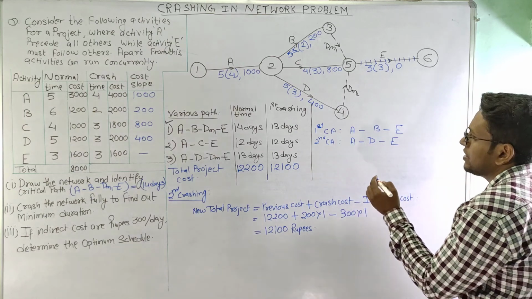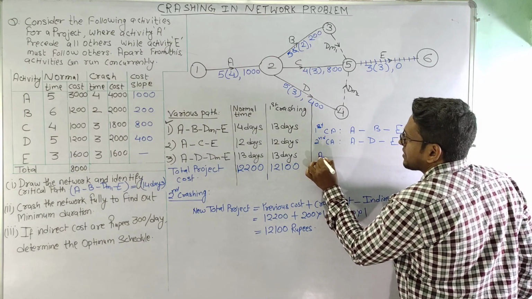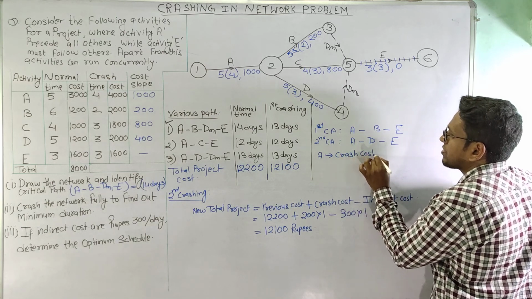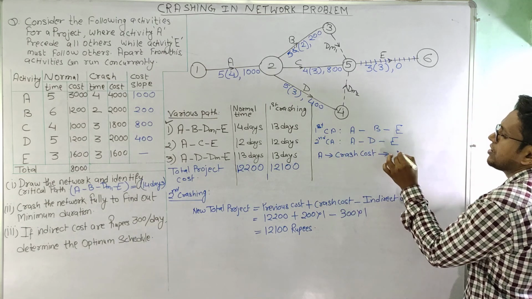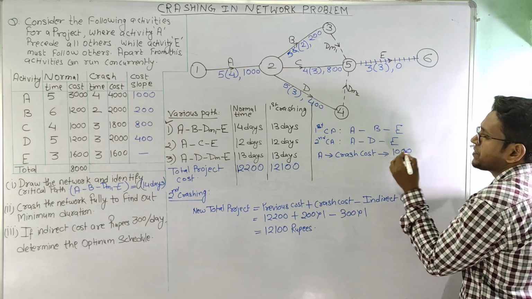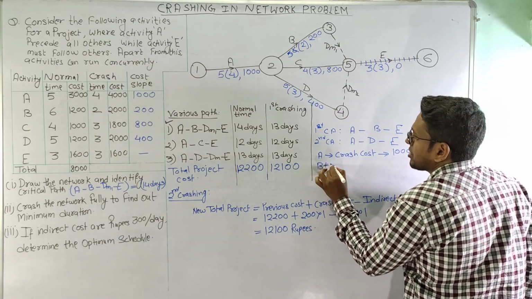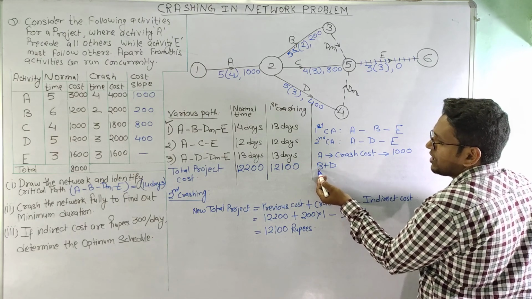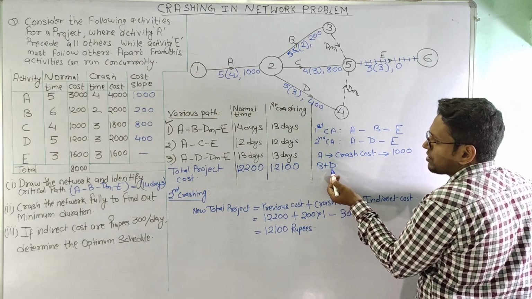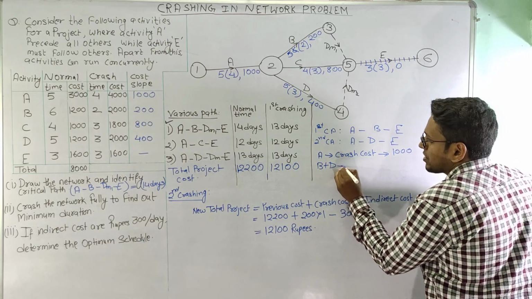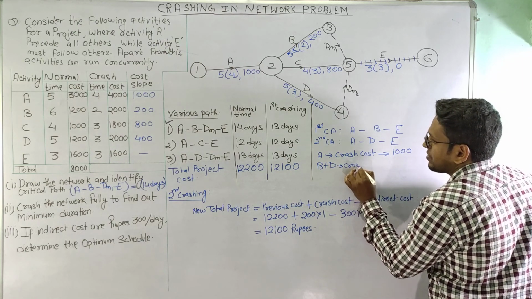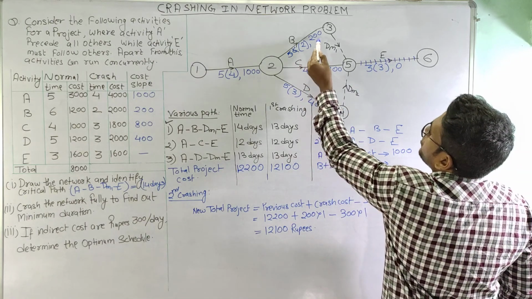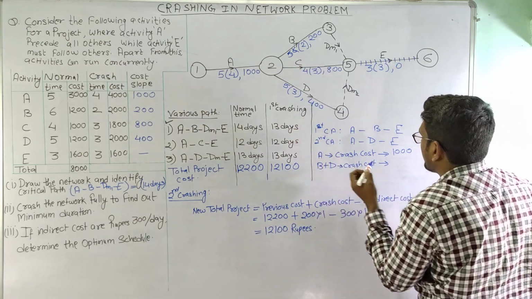So let us see here, if activity A is crashed, the crash cost, or we can say slope, is 1000 per day. If activity B plus D, because if B is to be crashed, then D is also to be crashed. The crash cost here is, for B it is 200, for D it is 400.